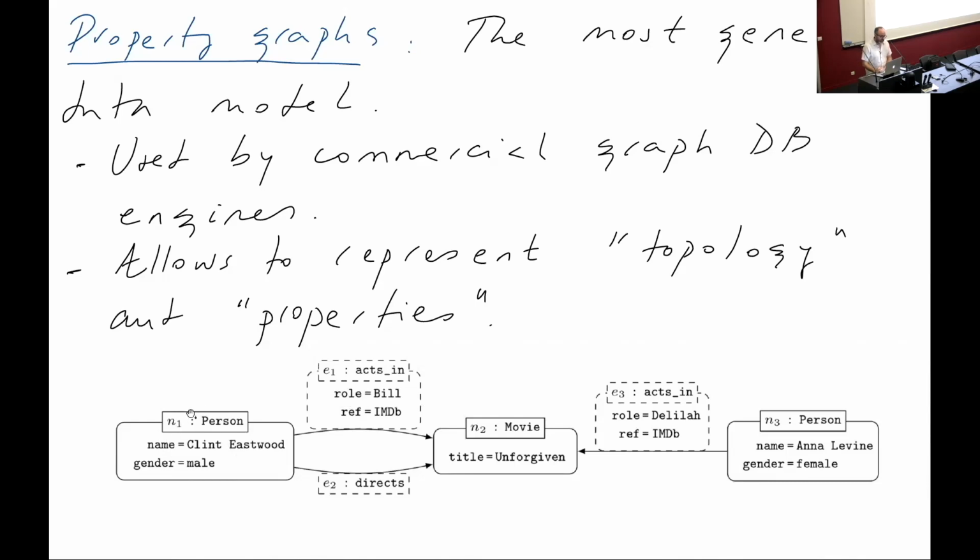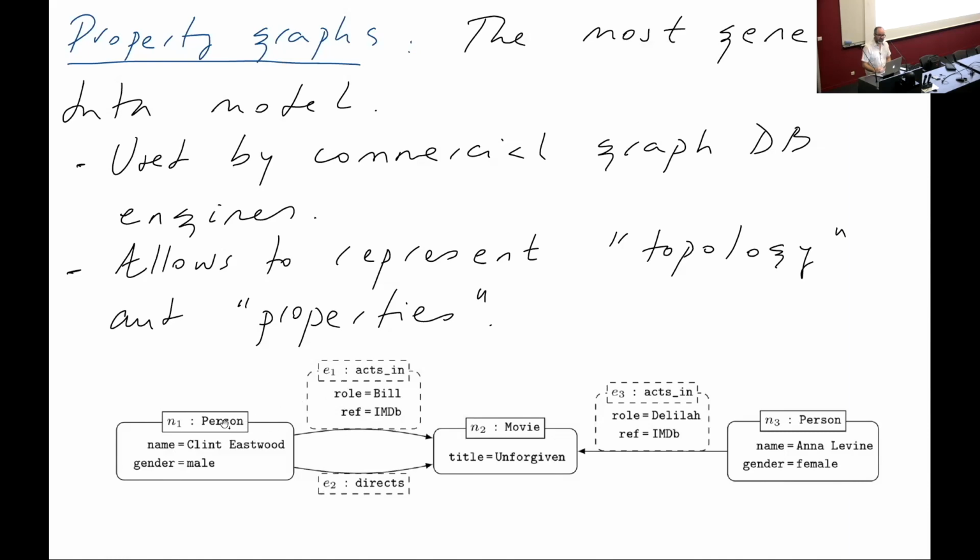So each node has a unique identifier, right? This node is N1, this node is N2, this node is N3, and so on. The same goes for edges: each edge comes with its own identifier. Now, each node and each edge is labeled over a finite alphabet.